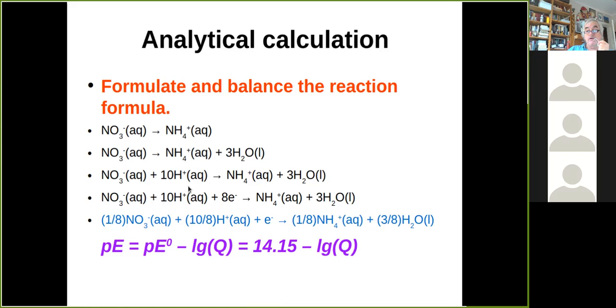So now we are ready in a way, but for the pE equation, in order to use that, we used to divide by the number of electrons. So this is actually an equivalent expression to that one.